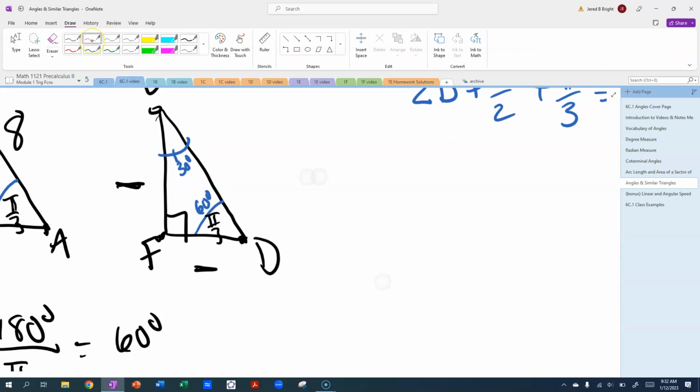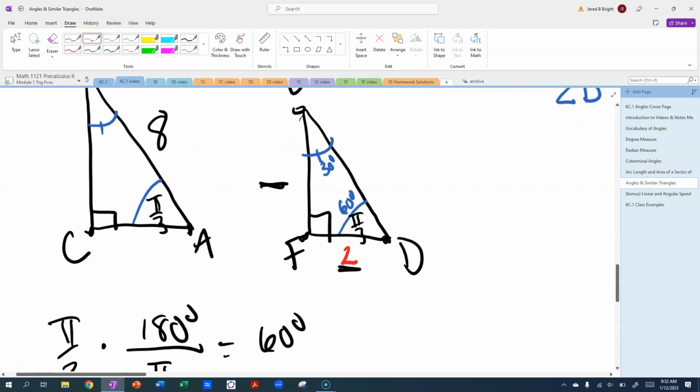So we have 2 and 2 square root 3. 2 is the smaller of the sides, so that's going to be directly opposite the smallest angle. And similarly, since of the two legs 2 square root 3 is the larger leg, that's going to be across the larger of the two non-right angles. So 2 square root 3 goes there.